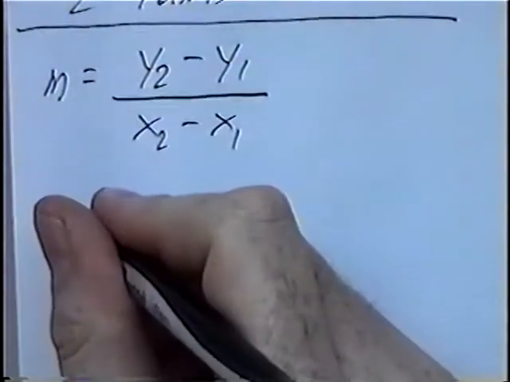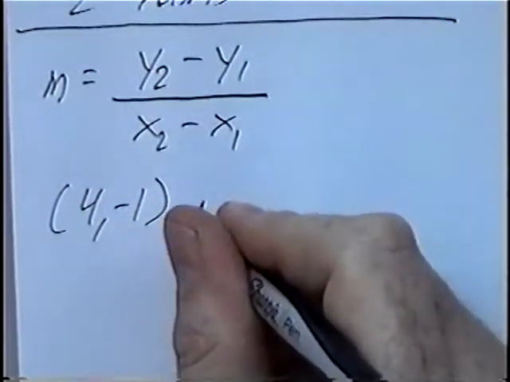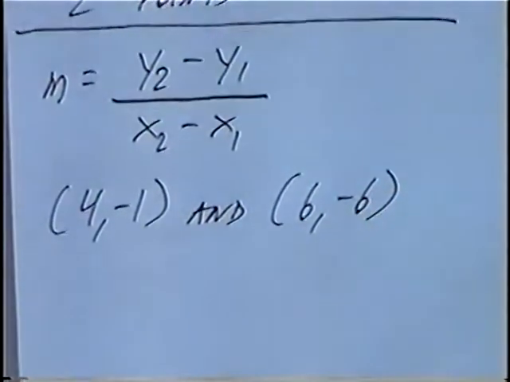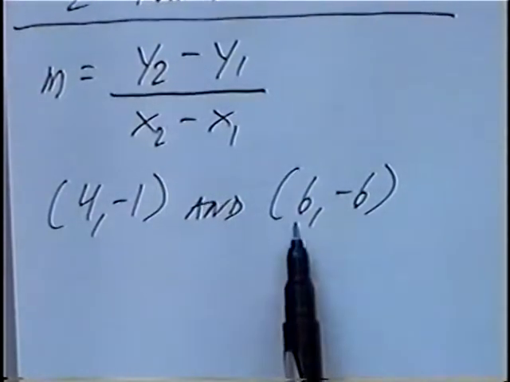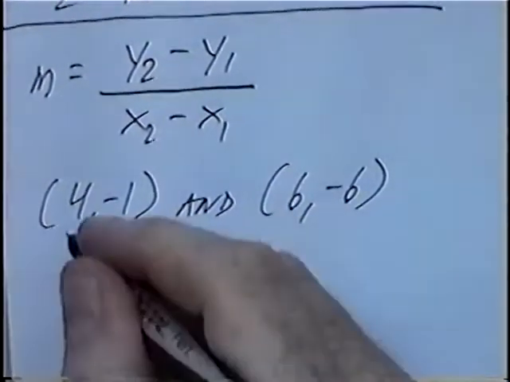First question. First point is 4, -1, and the second point is 6, -6. When using the equations above, the 2 means it comes from the second point, and the 1 means it comes from the first point.